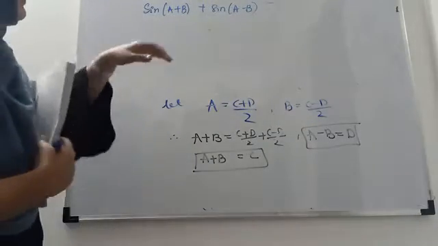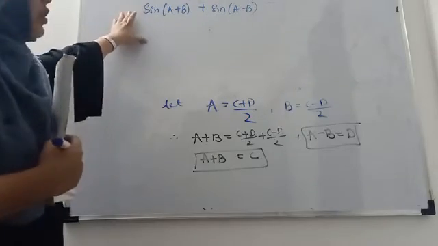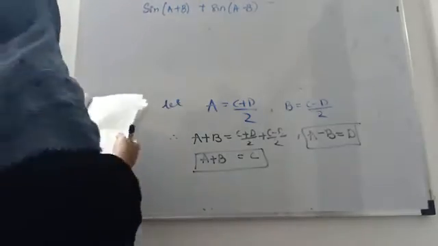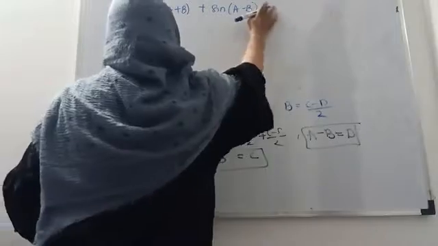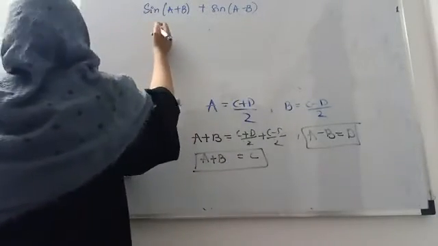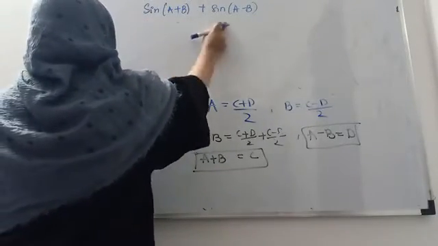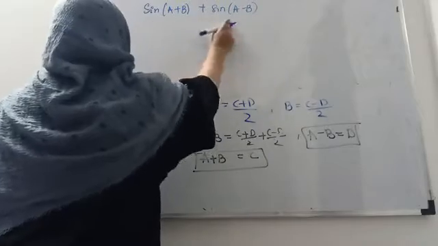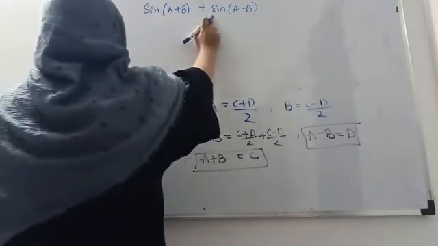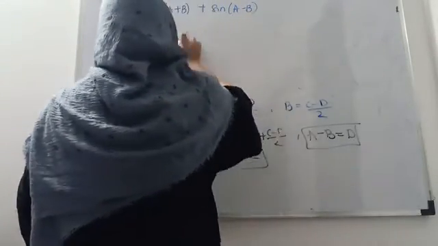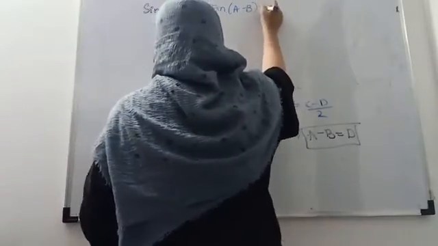So we will use two equations to get that formula. First we will use these two. So sin A plus B plus sin A minus B. If you add these two, what will you get?